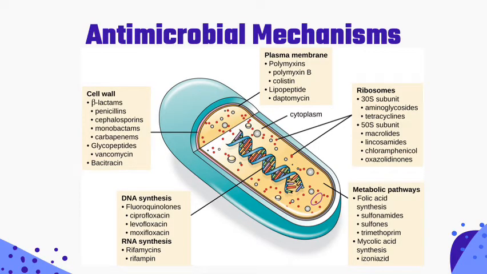To study for this session, we're going to review the various antimicrobial chapters in Katzung, which will span the cell wall inhibitors, plasma membrane inhibitors, ribosomal 30S or 50S subunit inhibitors, metabolic pathway inhibitors, and DNA and RNA synthesis inhibitors.